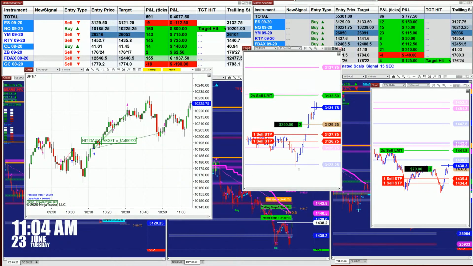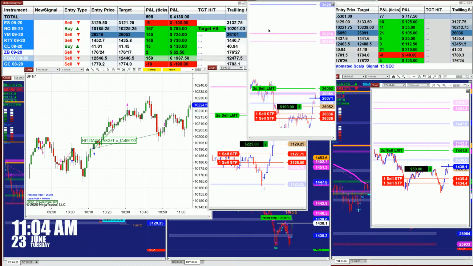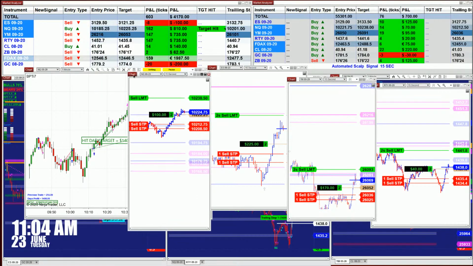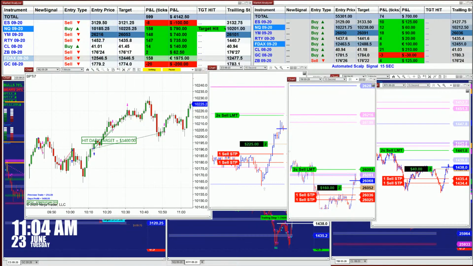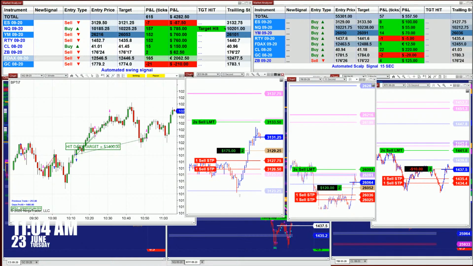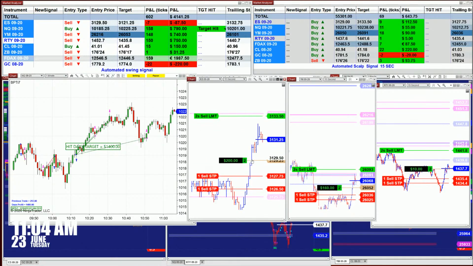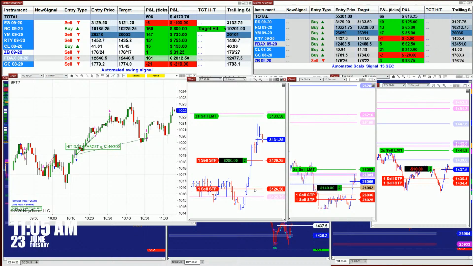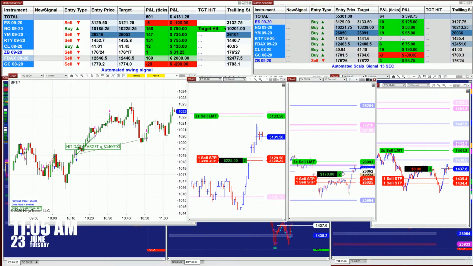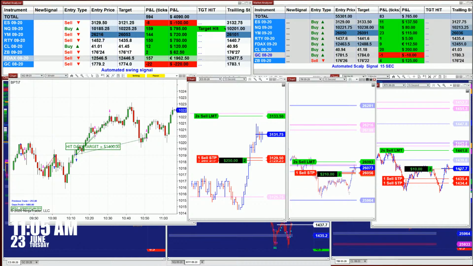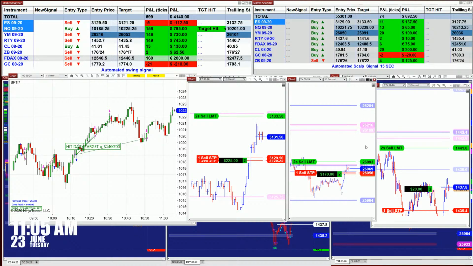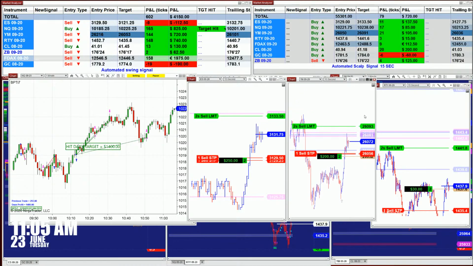We have small trades at the moment, ES and YM, and we have a small one on the Nasdaq, but there is not much going on. We can break even.